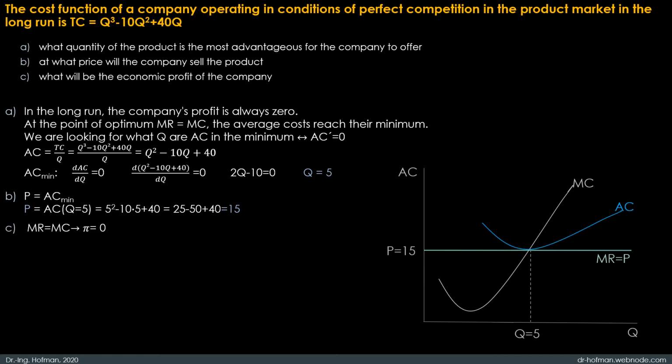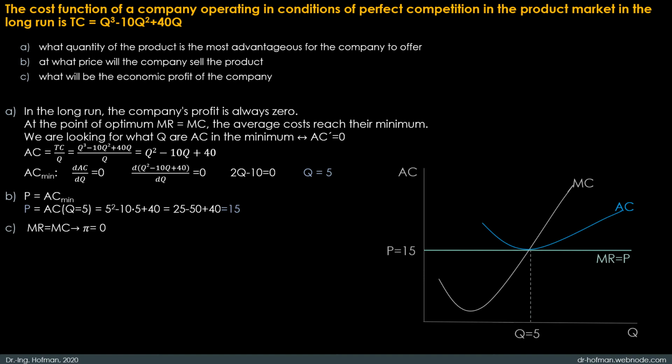So we just substitute the point from A, where Q was 5, in this expression, and we get 5 squared minus 10 times 5 plus 40, which is 15. So the price, written also in the graphical solution for this market, is 15.